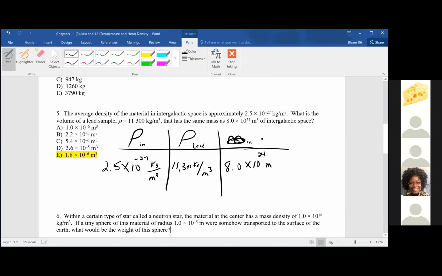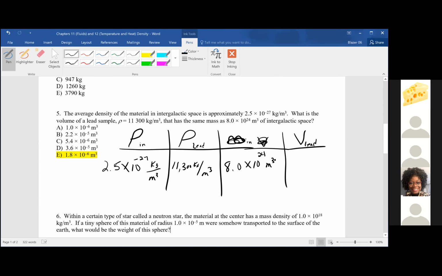They're looking for the mass. See, this is volume, but it's not kilograms, it's what? It's meters cubed. So it says, what is the volume of the lead sample that has the same mass as the intergalactic space?